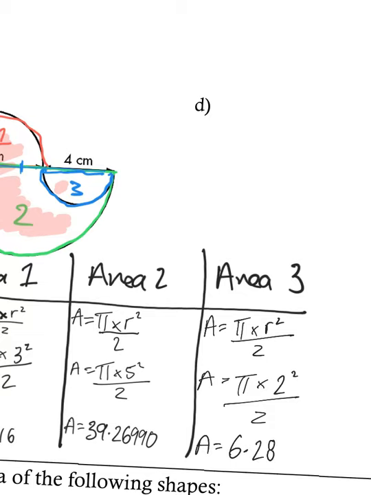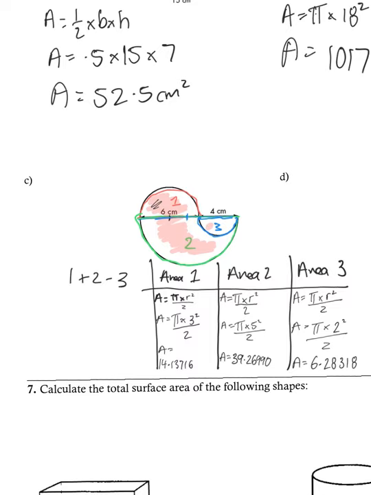Okay, what I'll do is I'll zoom out. So we've got our 3 areas. What I'm going to do now is add area 1 and 2, and minus area 3.